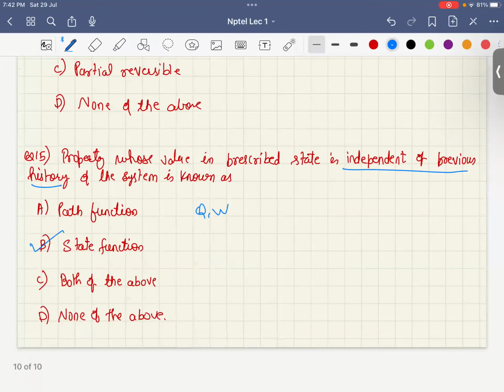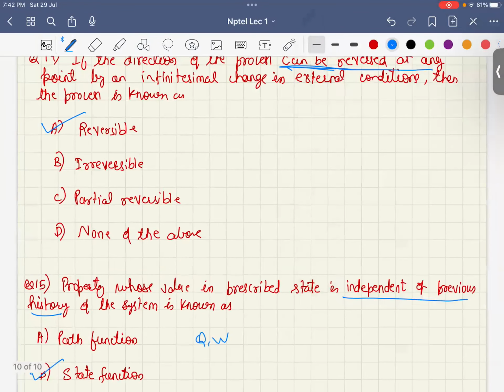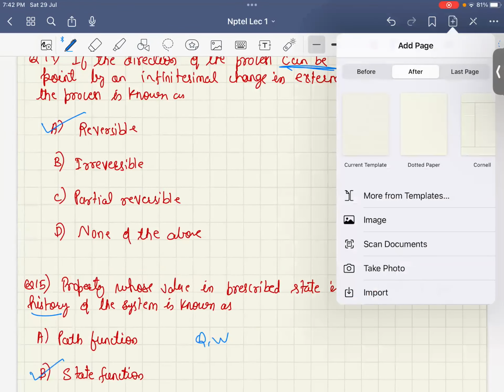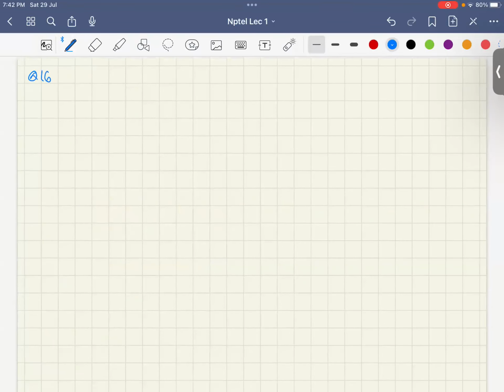So now let us move on to the next question. Question number 16, and the final question for today, is on internal energy change.